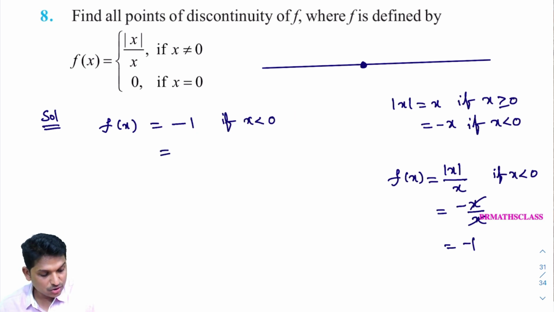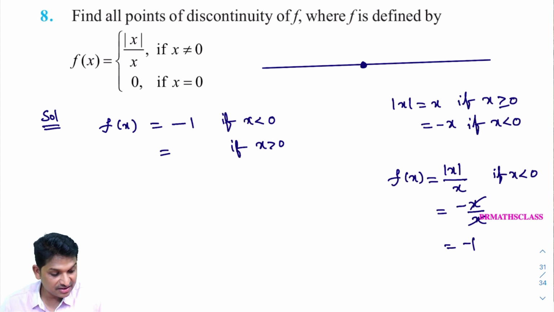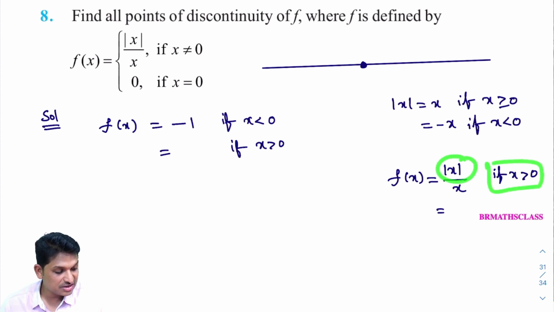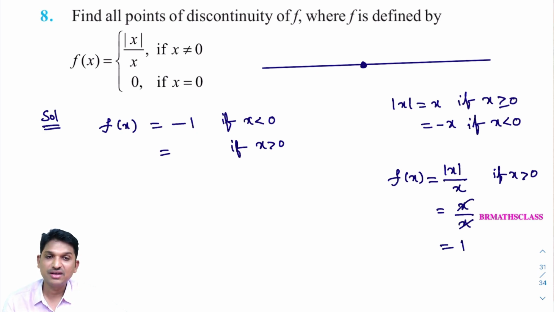Now, if x is greater than 0, look here. If x is greater than 0, what is modulus of x? Modulus of x is x. So in place of modulus of x, you write x divided by x. Both will get cancelled. X divided by x is 1, right?